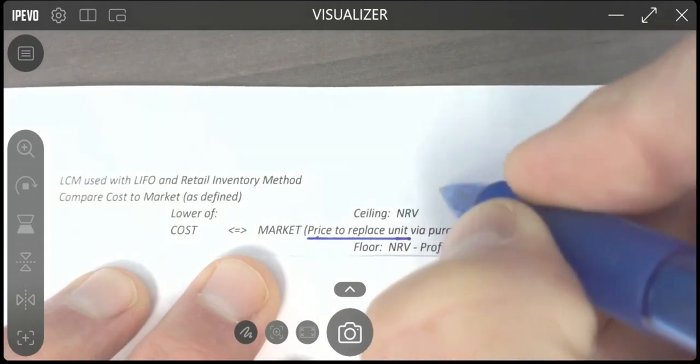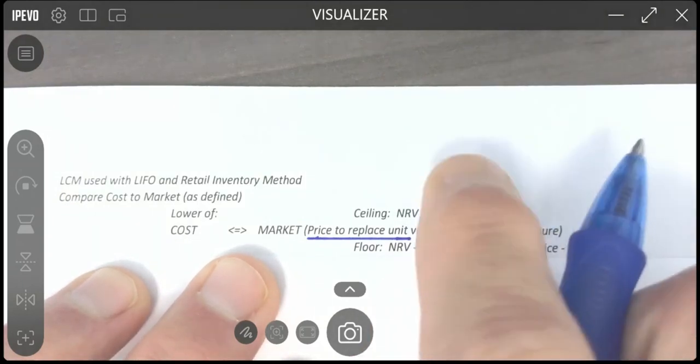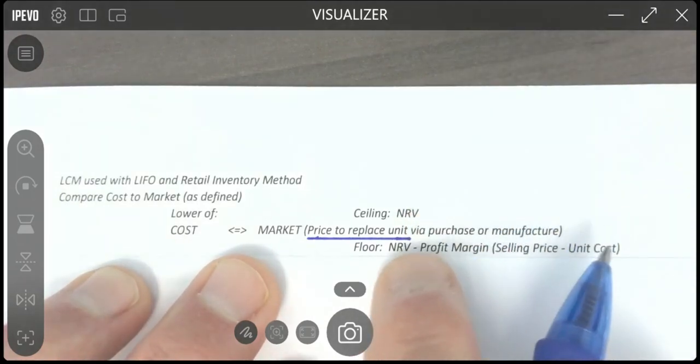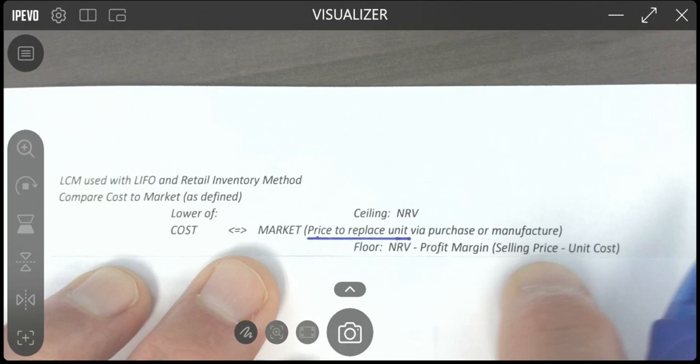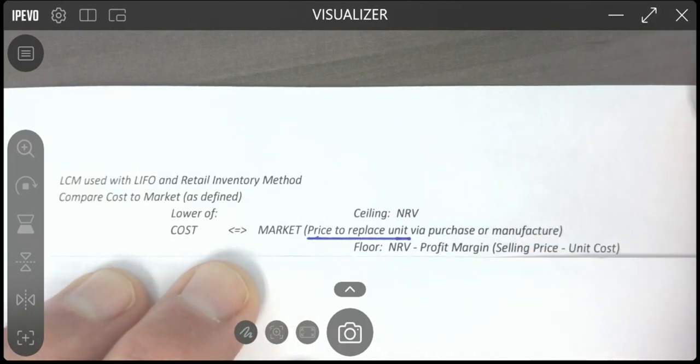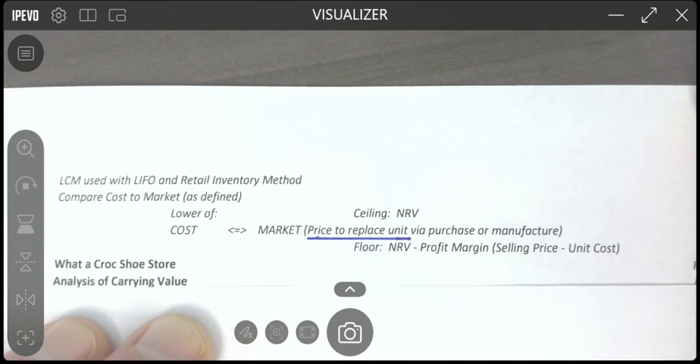The ceiling is the net realizable value. We've seen that before. And the floor is the net realizable value minus the profit margin. Selling price, and then profit margin is selling price minus the unit cost.